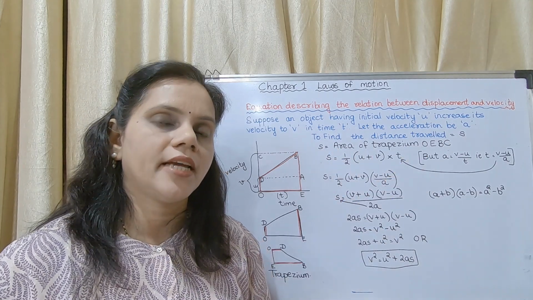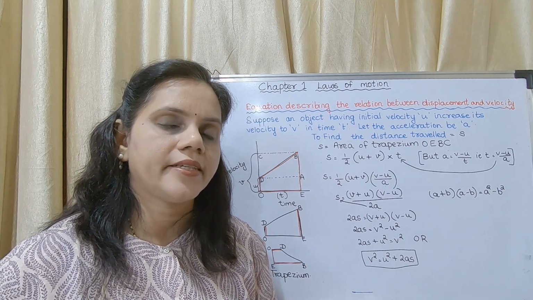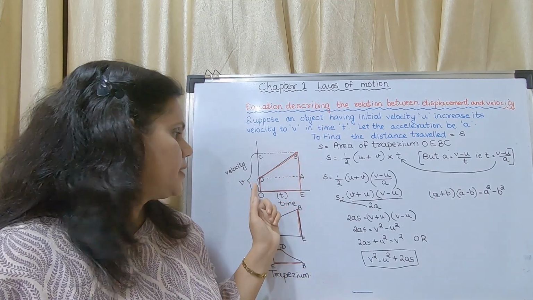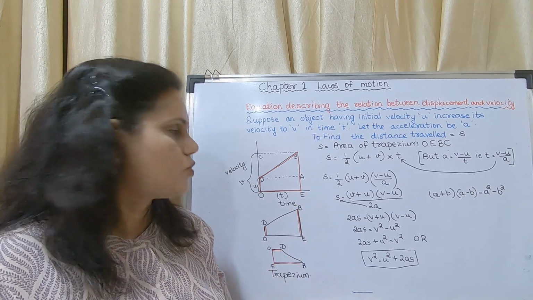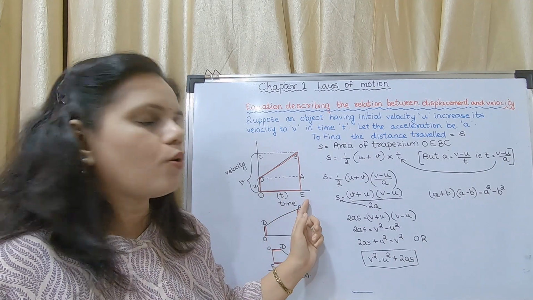How will you find out the area of a trapezium? It is half into sum of parallel sides into height. This is the trapezium. These two are the parallel sides and this is the height. So half into OD plus BE into OE.